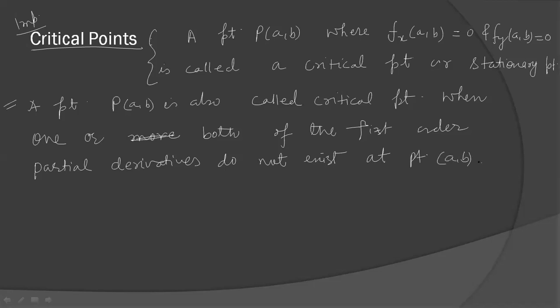If at this point (a,b) the first order partial derivatives, both or one, do not exist, then this point is also called a critical point.